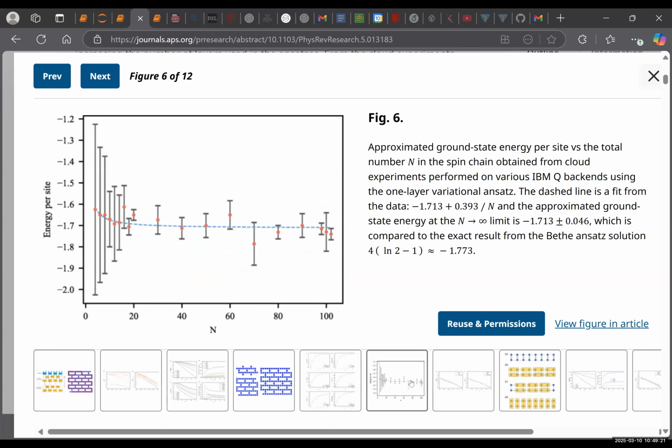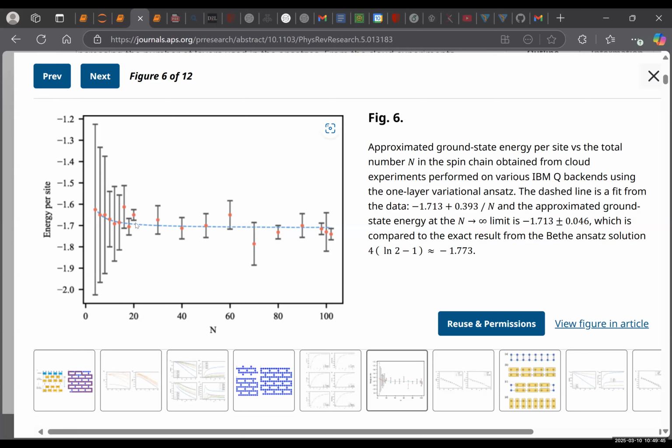For example, we were targeting the XXZ model energy, and these are collected results from different machines, with different numbers of qubits. Of course, you see the error bar is not small, but this is really just a scale from the range of energy, which looks large.